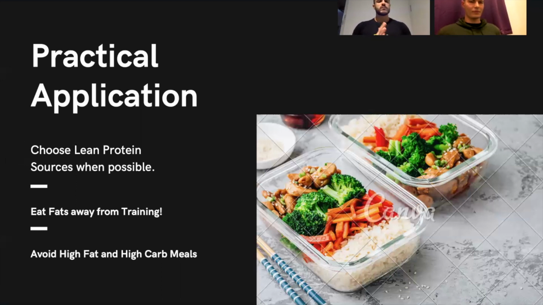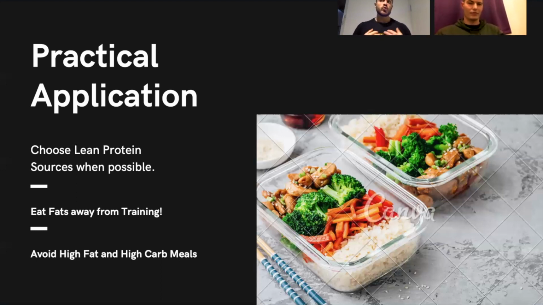Yeah, I think this is a good one. What I would add as a practical application is that when I look at a meal plan or a nutritional plan, I would try to have a good combination of animal fats and plant-based fats.